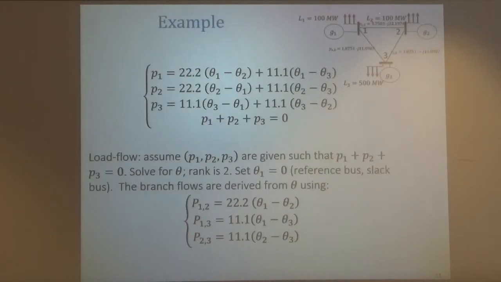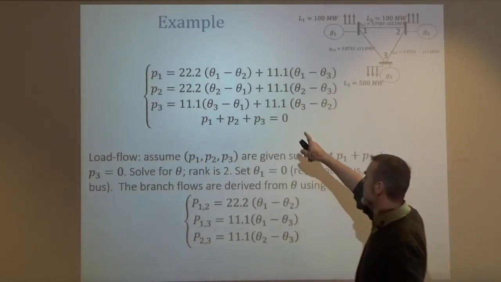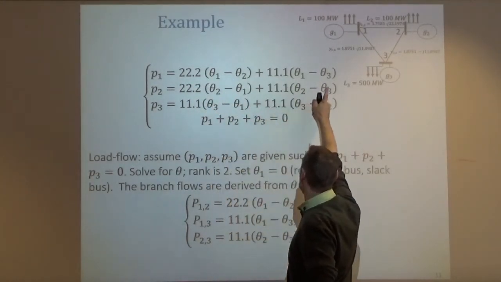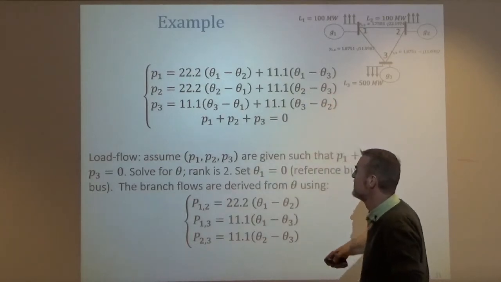So let's take this example again, and let's redo this approximation. Then we find here the power balance at node 1. So here we find the B term of the line between 1 and 2. So this term is the power flow on the line 1, 2. This is the power flow on the line 1, 3.